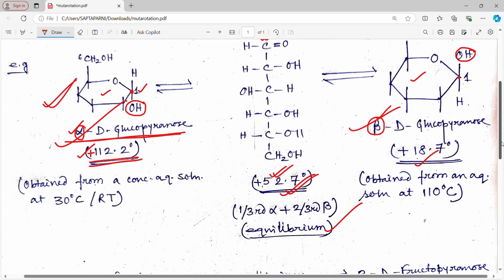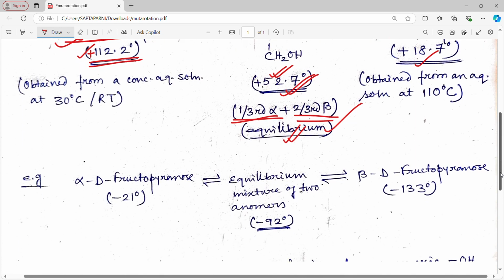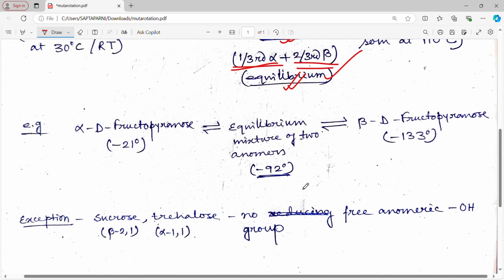Now, it was seen that at the equilibrium stage, one third portion of the solution is made up of alpha anomer, and two thirds portion is made up of beta anomer. Another example is fructose. In case of fructose, the alpha anomer has an initial optical rotation of -21 degree and the beta anomer has an initial optical rotation of -133 degree.